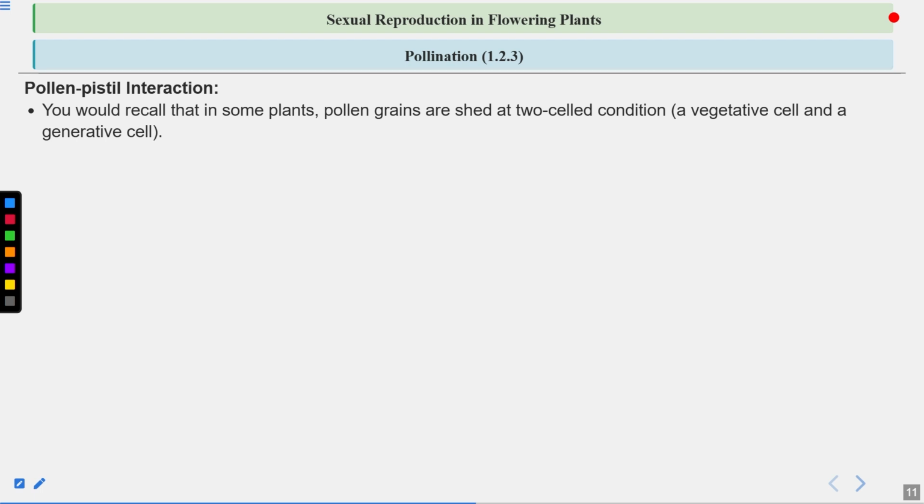Now, this generative cell divides itself into two cells, while they are still present in the anther, and then they are released out. So in the 40%, there is one generative cell and one vegetative cell, but this generative cell divides into two cells.